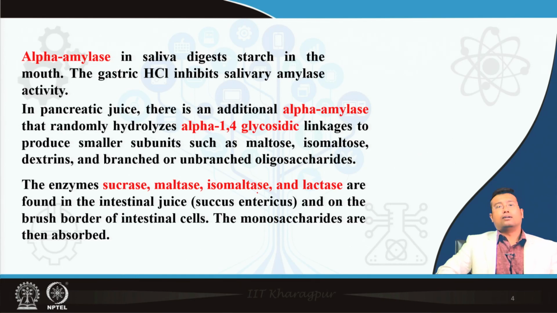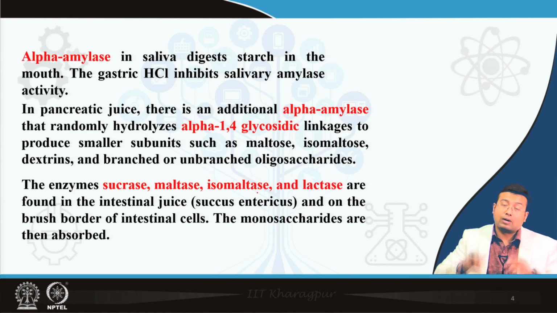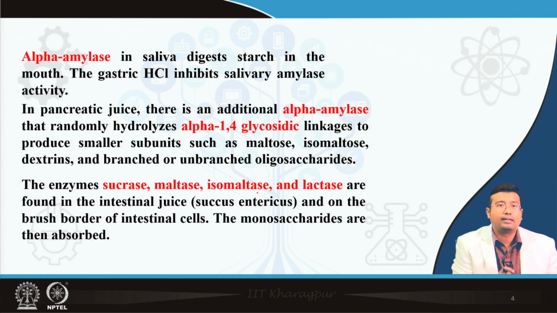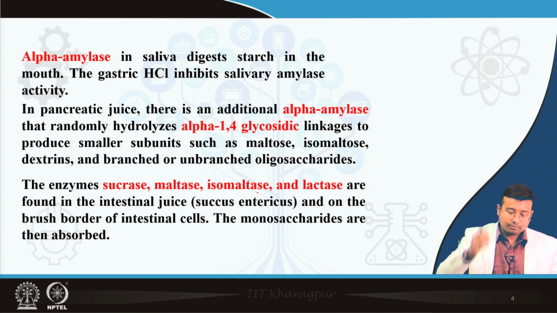So, the digestion starts with alpha amylase. Any enzyme that digests glycosidic bonds of carbohydrates is known as amylase, right. So, alpha amylase is right at the buccal cavity, because it is present in the mouth, and it helps in digestion, right.